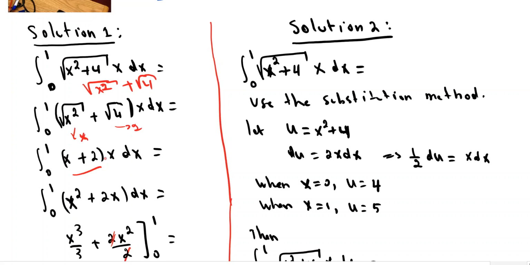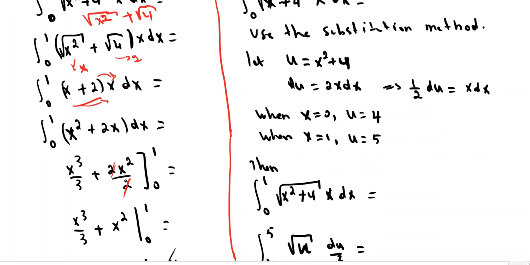And then times x. You then do the distribution, so x times x, and then 2 times x to get x squared plus 2x. Then when you find the antiderivative of x squared, it gives you x cubed over 3. The antiderivative of 2x is basically x squared.